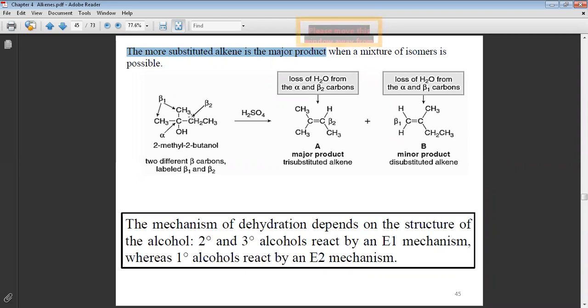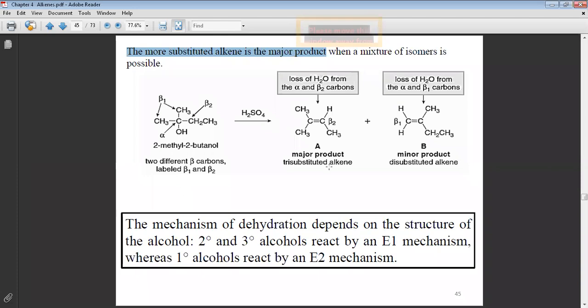If the elimination happens here, it will give you the more substituted alkene. If the elimination happens here, it will give you the less substituted alkene. Which one is the major one? Of course, the trisubstituted alkene is the major one because the double bond is more stable.